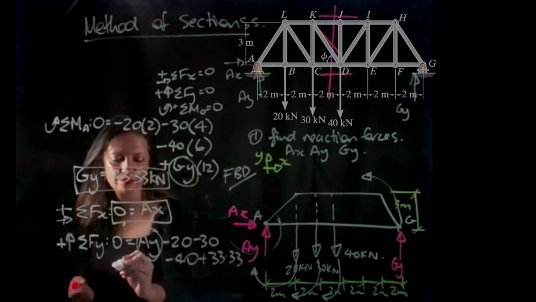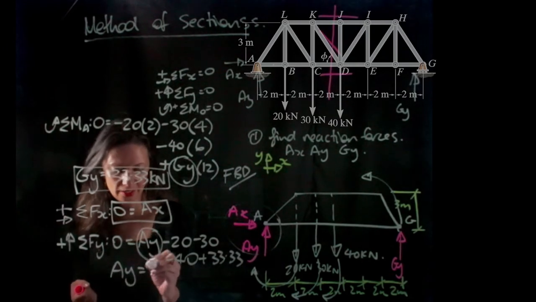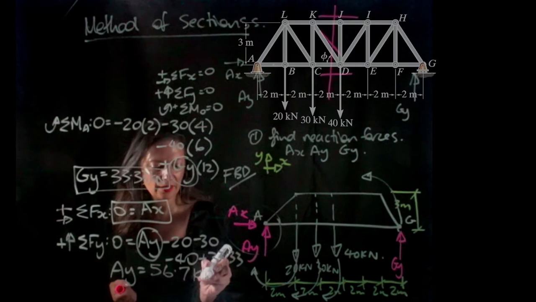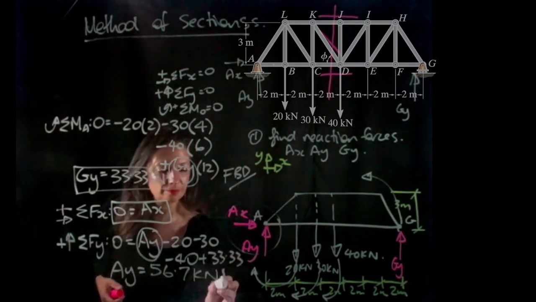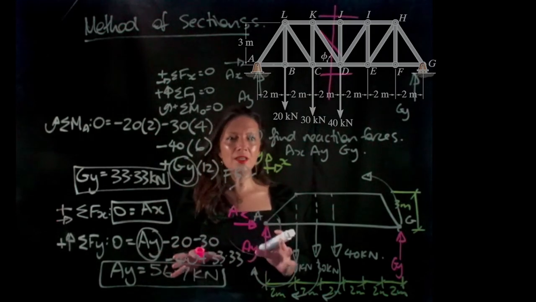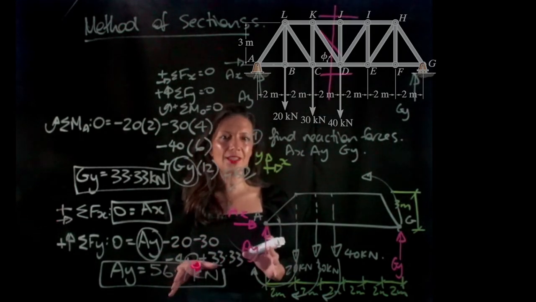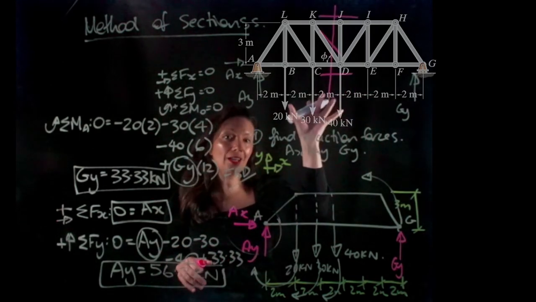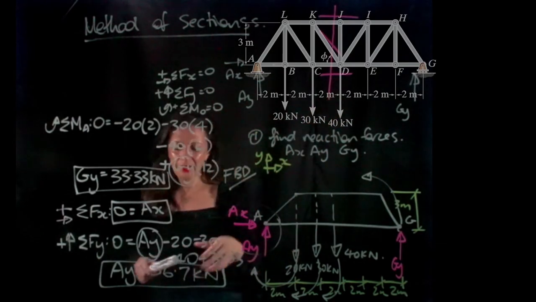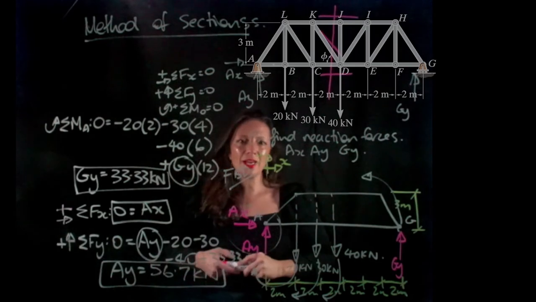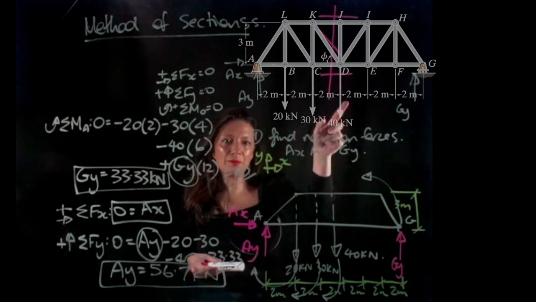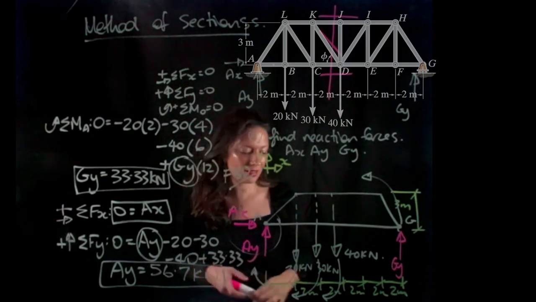So we can solve for AY. And AY is going to equal 56.7 kilonewtons. Okay, so I've just done step 1 and found what my reaction forces are in this truss. So now I know that my truss is in equilibrium. Okay, let's clean this up and actually find the force in 3 members using method of sections.